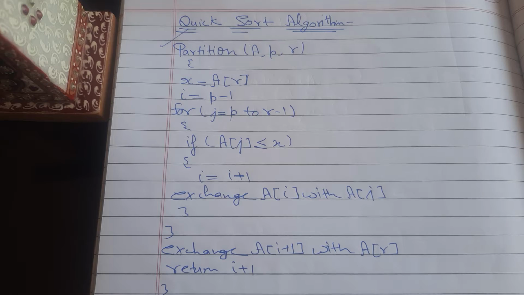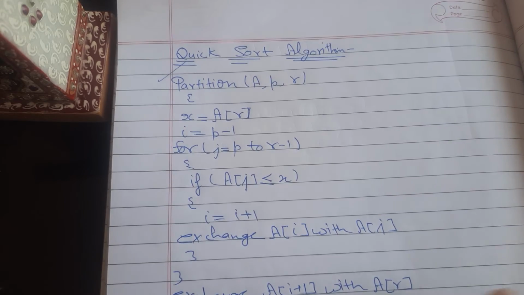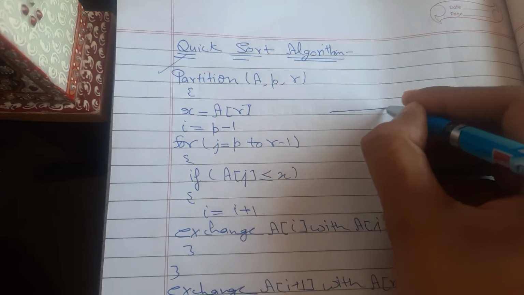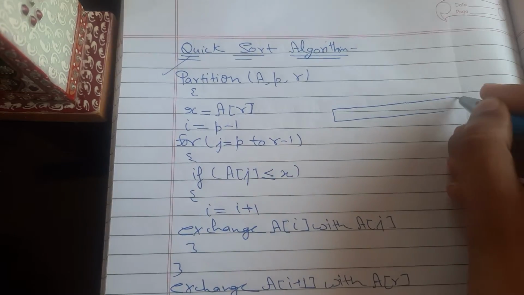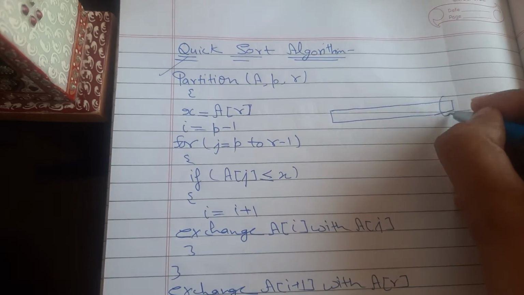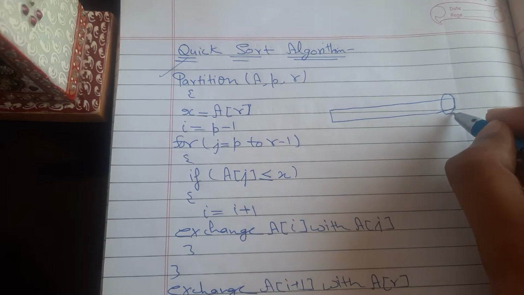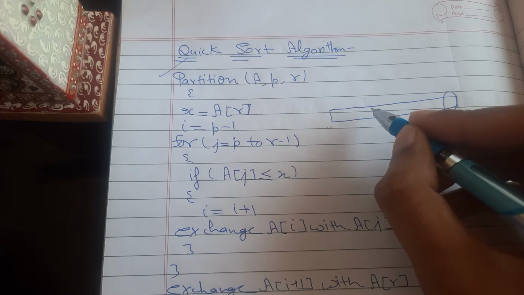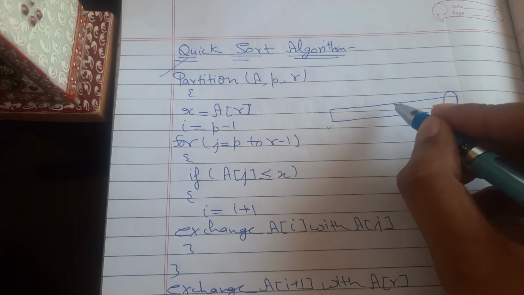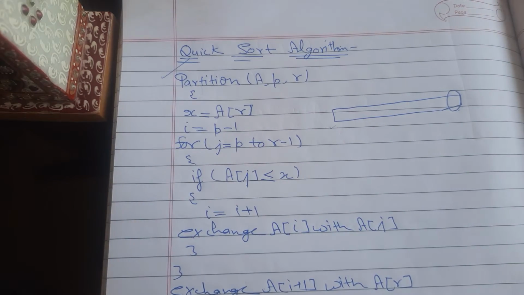So in quicksort, given an array, we choose an element from anywhere. It can be the last, or the first element, or a random choice. So we choose one element.